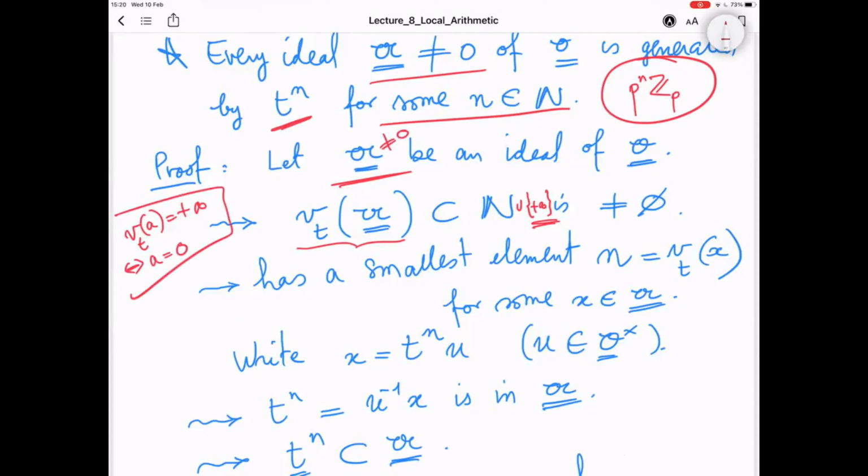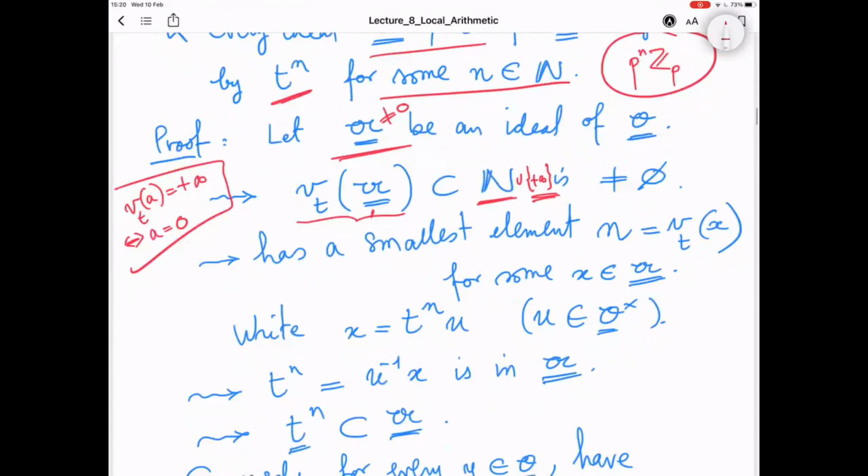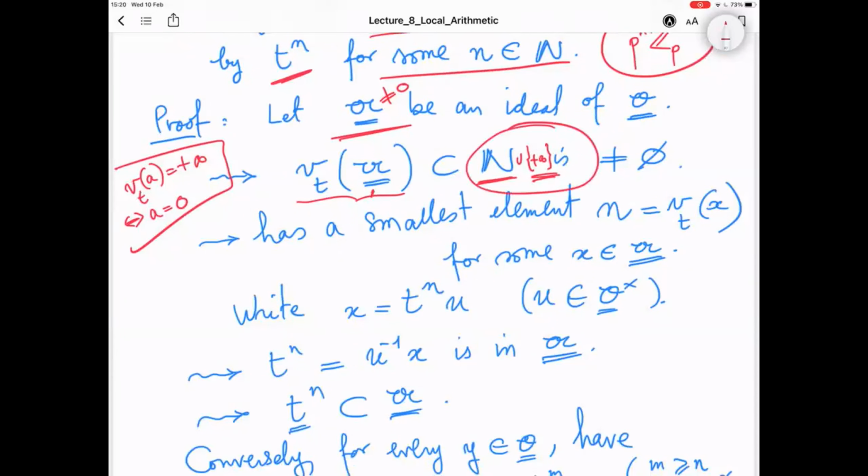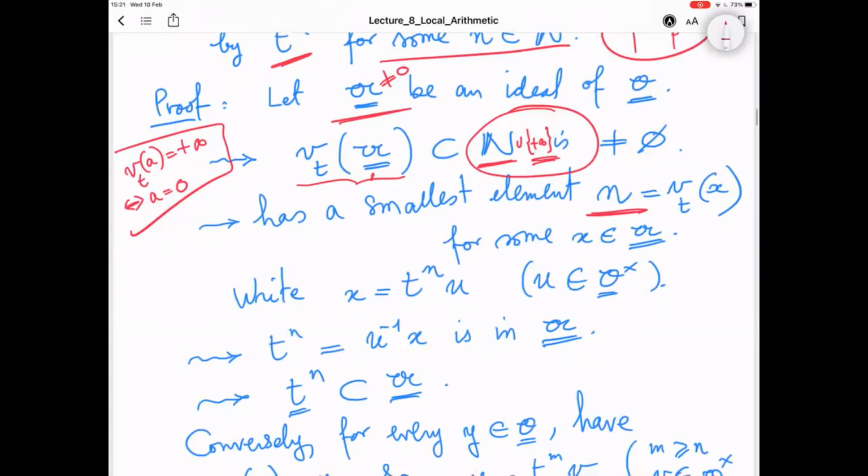So there is a non-zero element, and therefore there's some element in the ideal whose valuation is in N. So whenever I have a subset of this, there's some smallest element. So there has to be some element x in the ideal such that its valuation is the smallest possible in this subset.